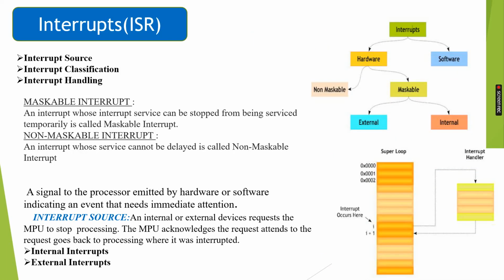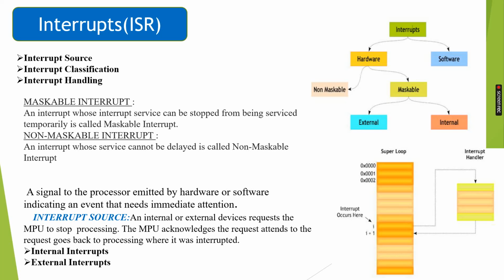Interrupts. Interrupts are the signals which alter the flow of an execution program by causing the microcontroller to jump into the interrupt service routine to serve the interrupter. Interrupts are classified into two types: hardware and software, and hardware are again classified into non-maskable and maskable. Maskable are again divided into external and internal.